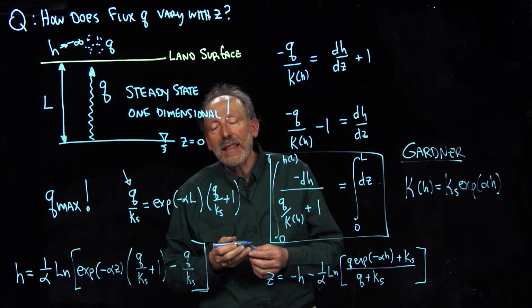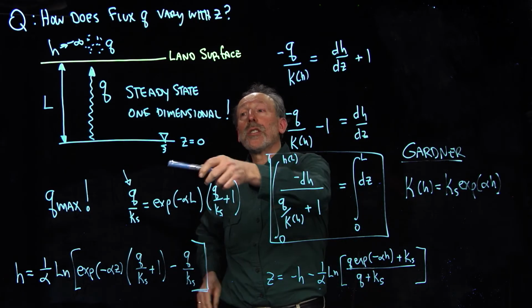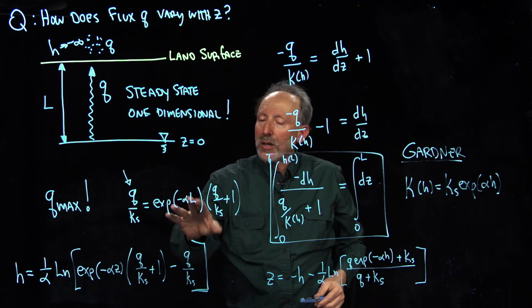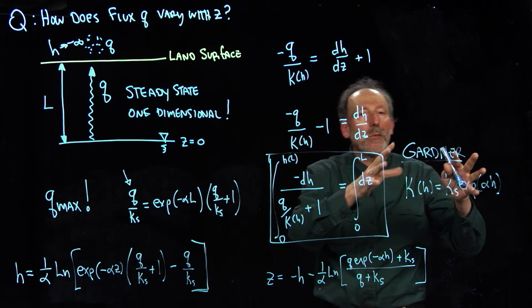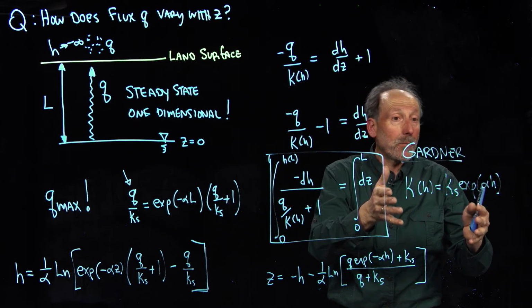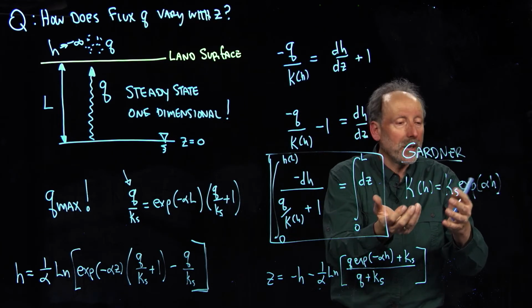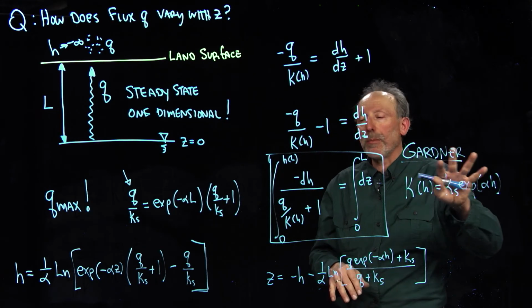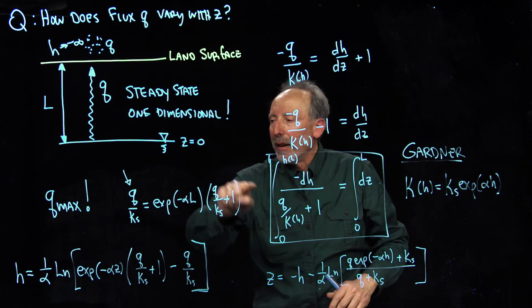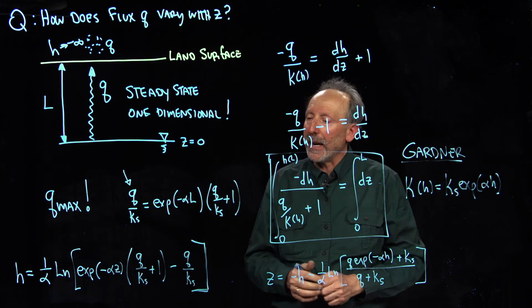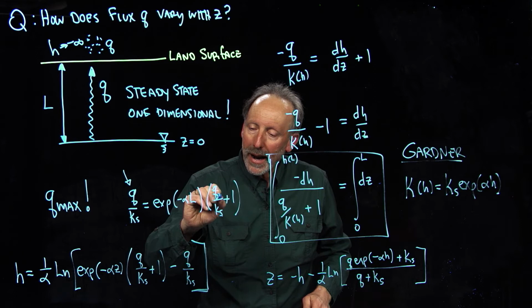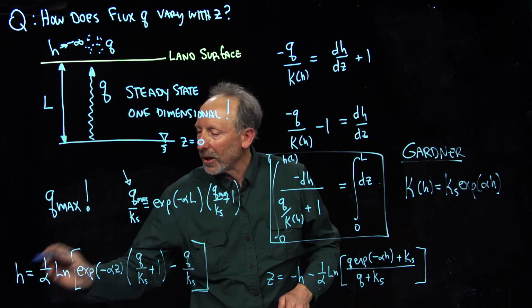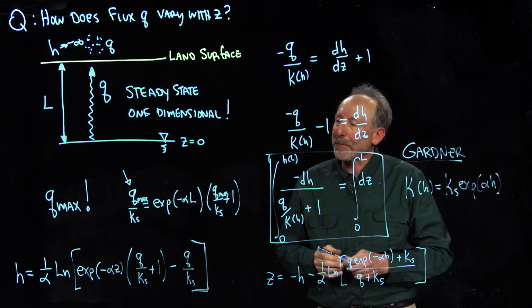So what we see is that just using Darcy's law, we're able to solve for exactly the flux as a function of soil texture, as long as we use a very simple expression for the relationship between conductivity and pressure. And so this is showing the utility of a simple expression because it gives us very specific information, and we should label these as max, because this is only true when h is minus infinity, so that is Q max.